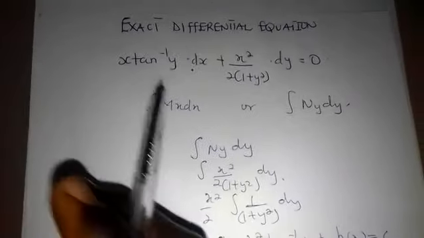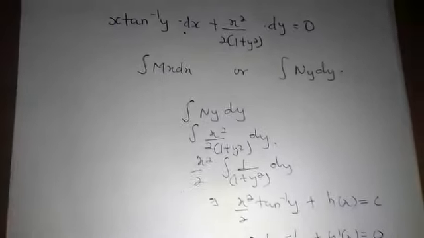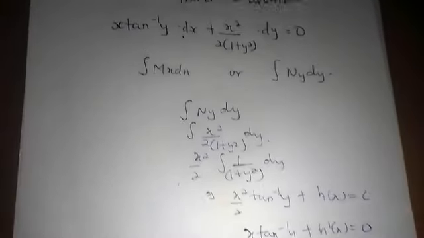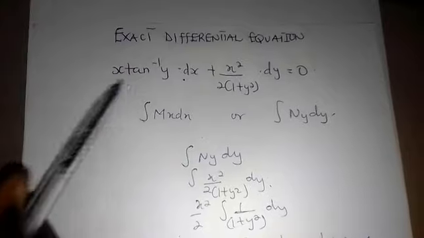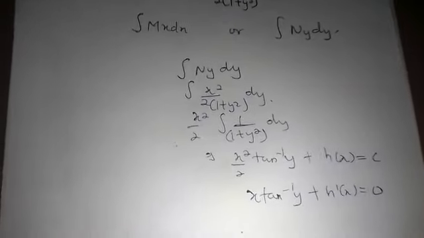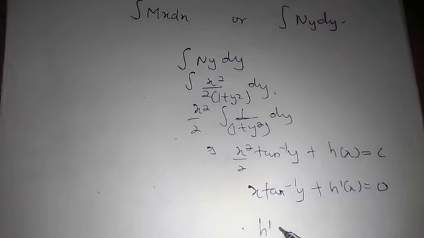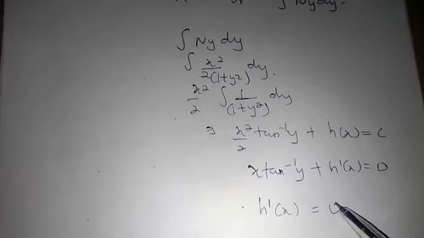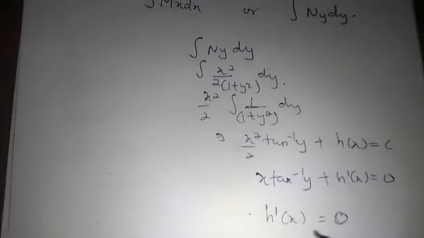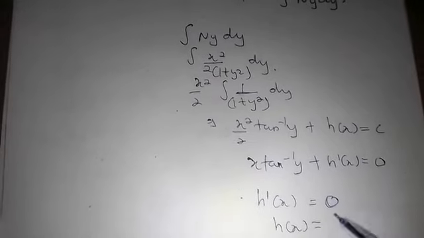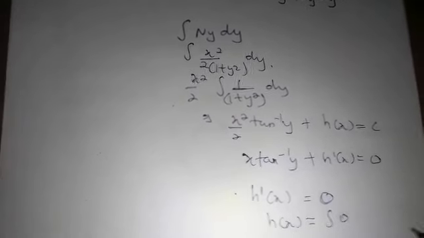Comparing this to this part, I can easily see that my h prime of x is 0, because there is nothing here. It's only this thing here, which is also the same thing here. So I can see that my h prime of x is equal to 0. Therefore, I'm going to have my h of x also to be the integral of 0, which is a constant c.